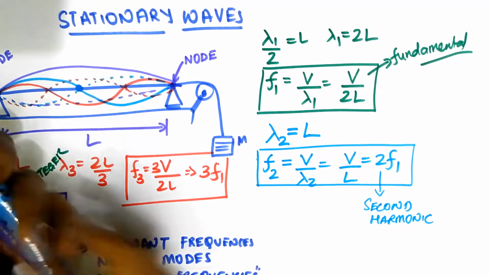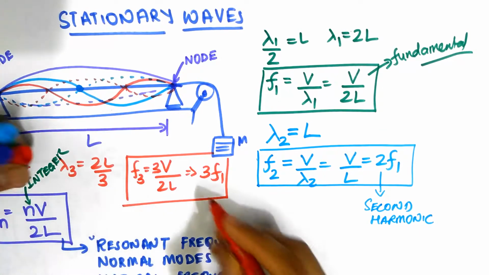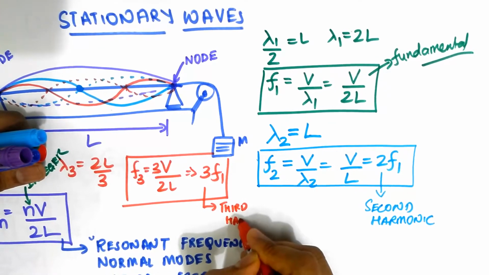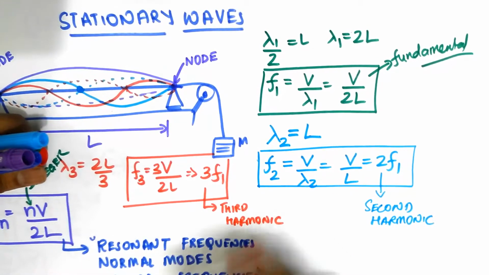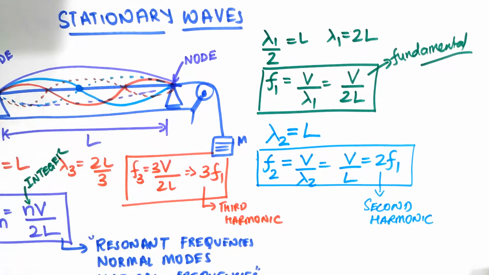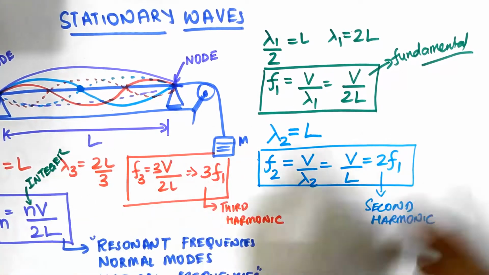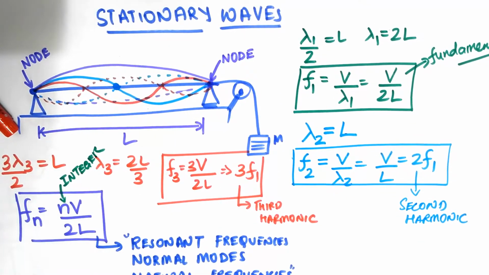And this guy over here is the third harmonic. Okay? So if I say 7th harmonic, it means 7 times the fundamental frequency. So in this example, it would be 7V by 2L.